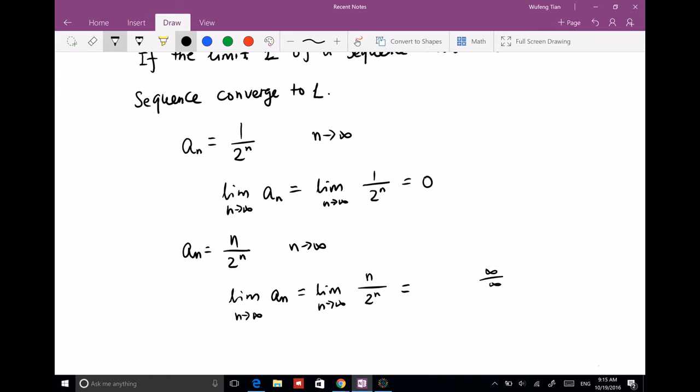Use L'Hopital's rule. You get the limit as n goes to infinity of 1 over 2 to the n times ln 2. Okay, so then it's still infinity in the denominator, so it goes to 0. Okay, that's how you find the limit of a sequence.